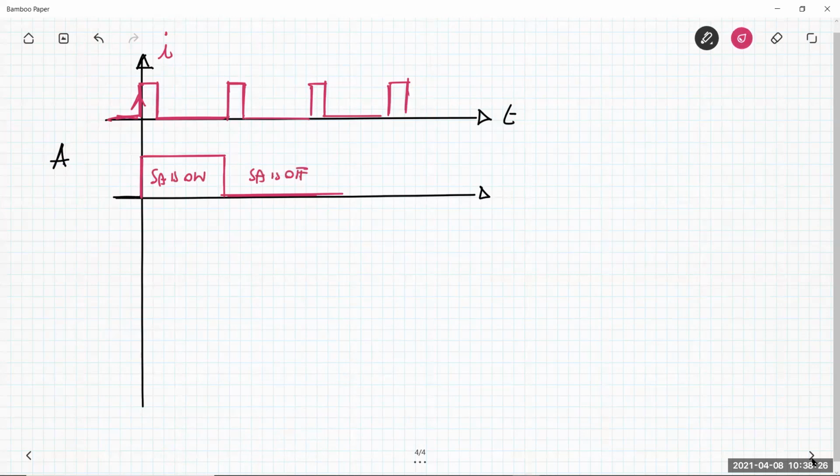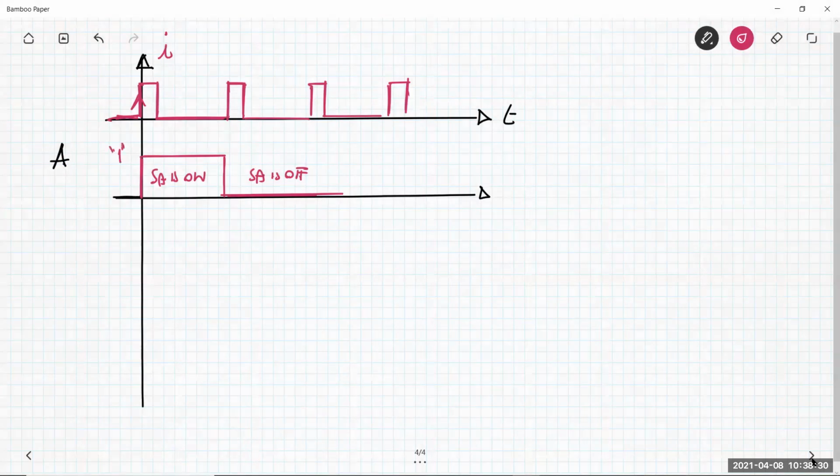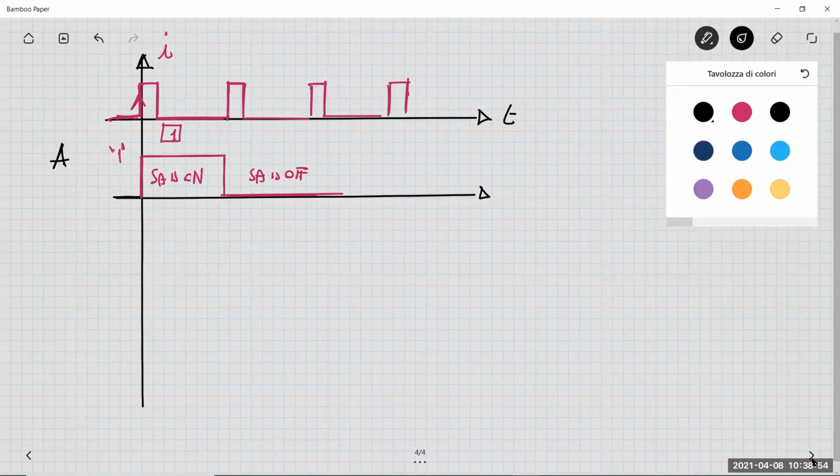When this command signal is at logic level 1, the switch is on. When the command signal is low, the switch is off. So in the first step, step number 1, for the first pulse the switch is on, so phase A is energized, and you have this alpha p rotation.